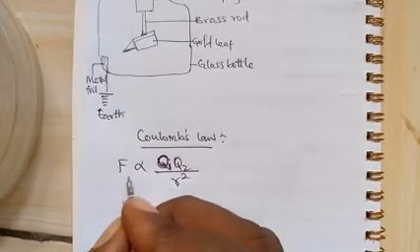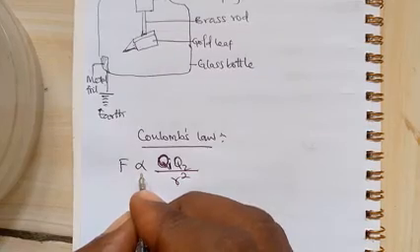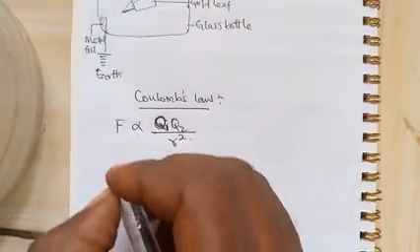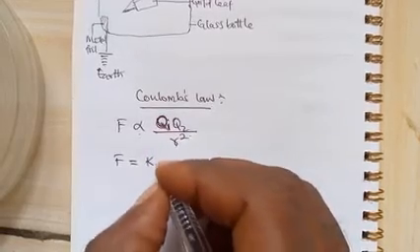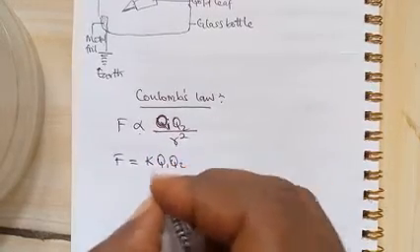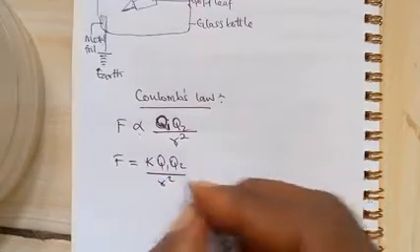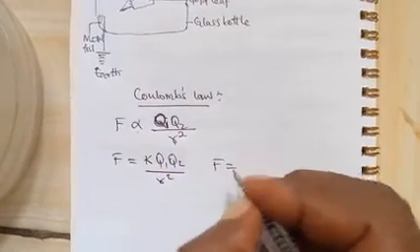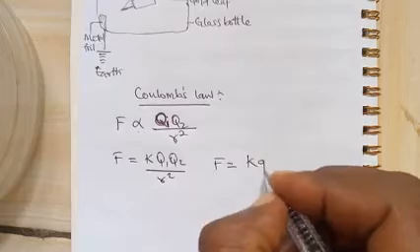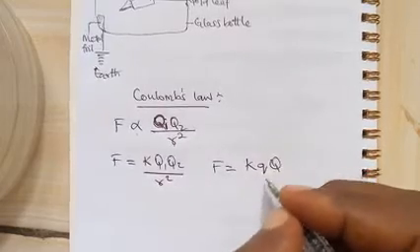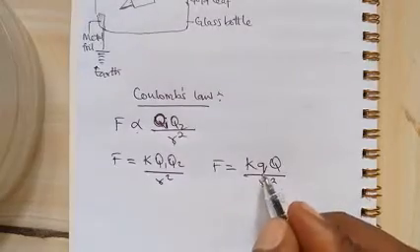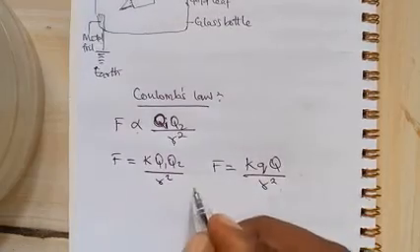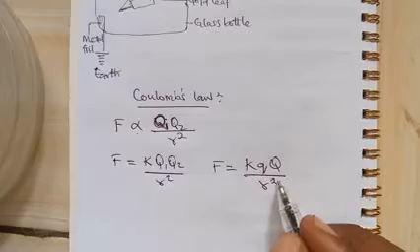If we substitute the proportionality sign, we have F equals K Q1 Q2 over R squared, introducing a constant K. We can write this as F equals K small q and big Q over R squared. Whichever way is the same, just to differentiate both of them.